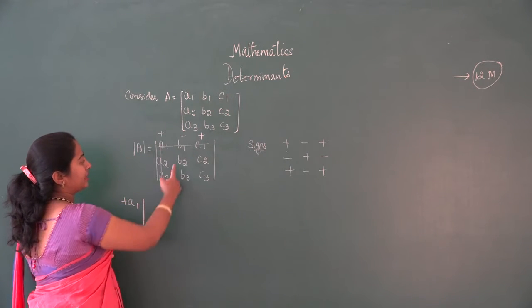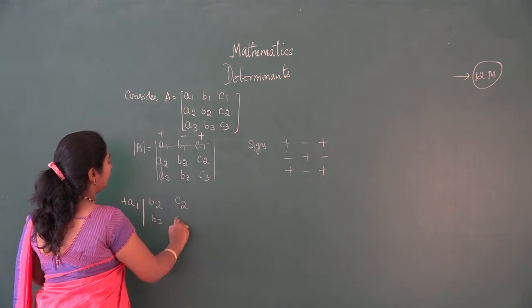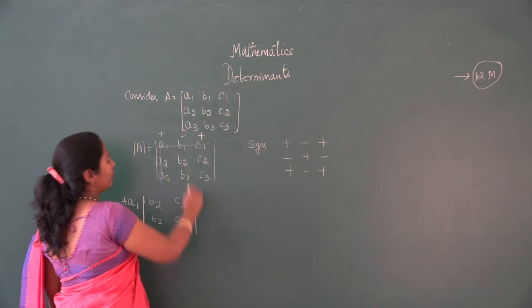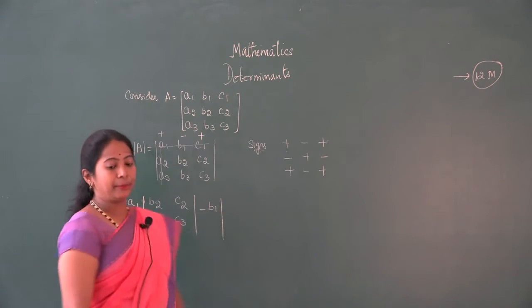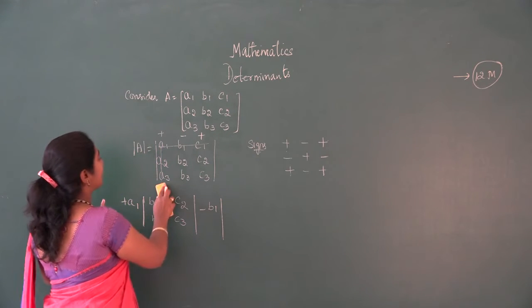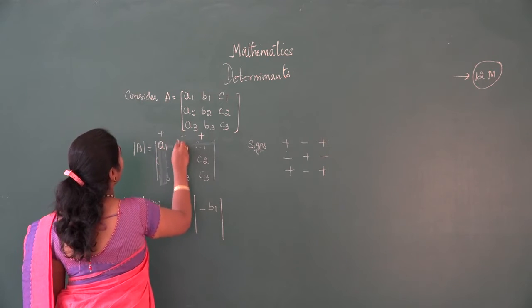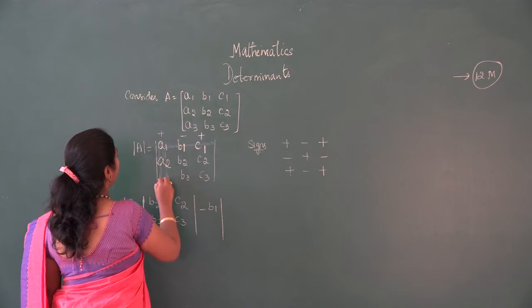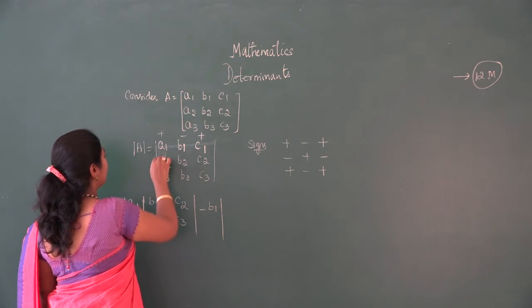So what are the other elements left out? B2, C2, B3, C3. What is the sign associated with the second element now? Minus. Which element is it? B1. So when I consider the second element, I am supposed to leave the second row and second column. A1, B1, C1, A2, B2, C2, A3, B3, C3.